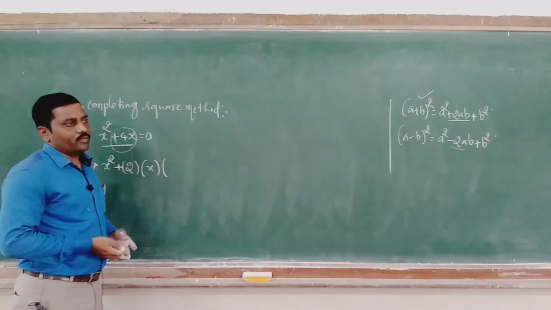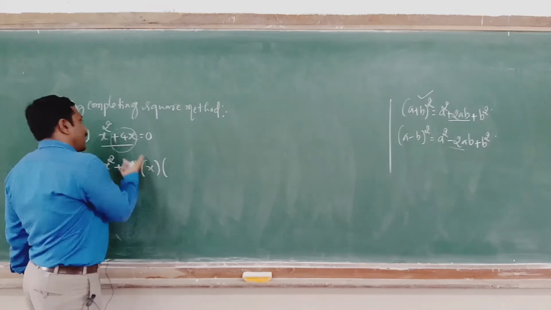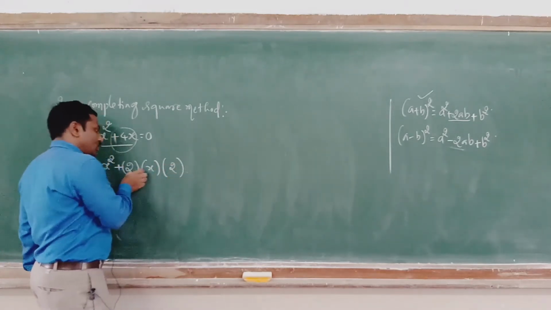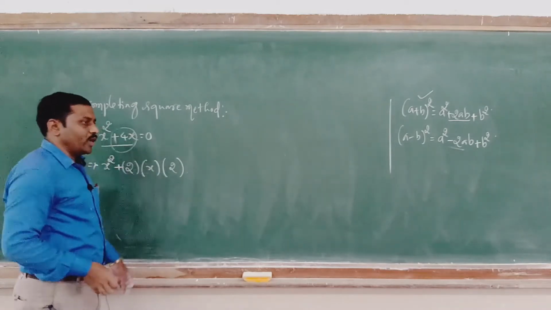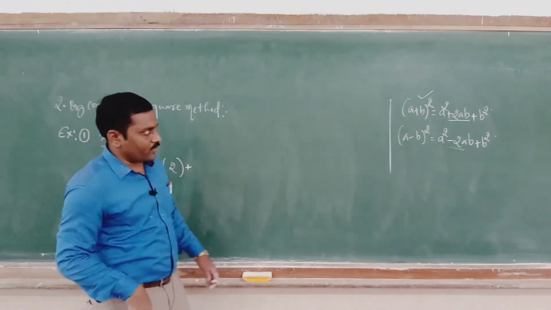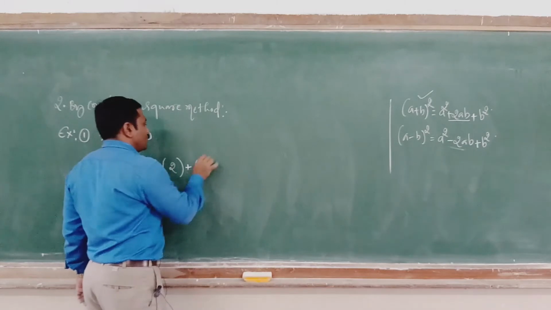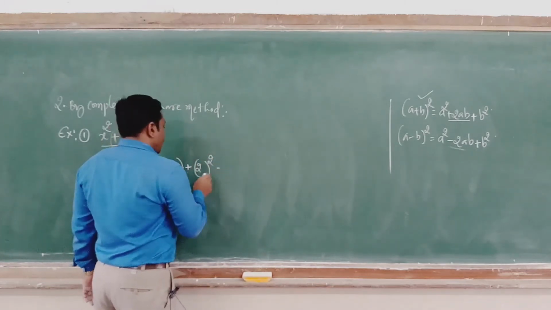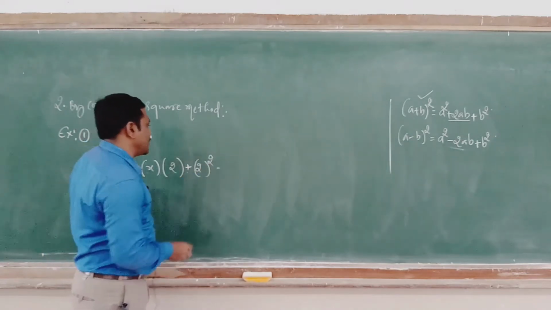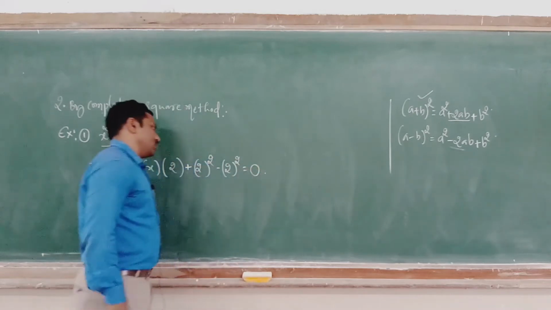I don't know the value of b, so we rearrange. We are getting 4x. So 2x into 2 is nothing but 4x, then plus b square. What about b square? Here the value of b is 2. 2 square is 4, and we subtract it. That is 2 square is equal to 0.